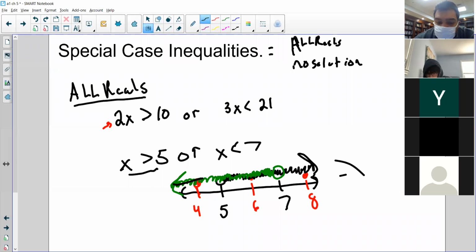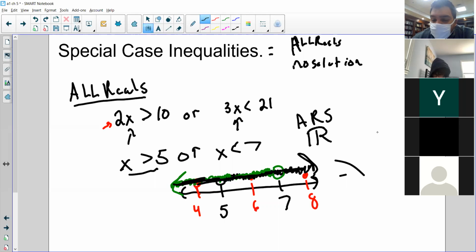Which means this whole zone right here, every real number that exists, is an answer. I can plug in any number that is real into either this equation or that equation, which causes it to be all real solutions. Or we have a symbol like this.